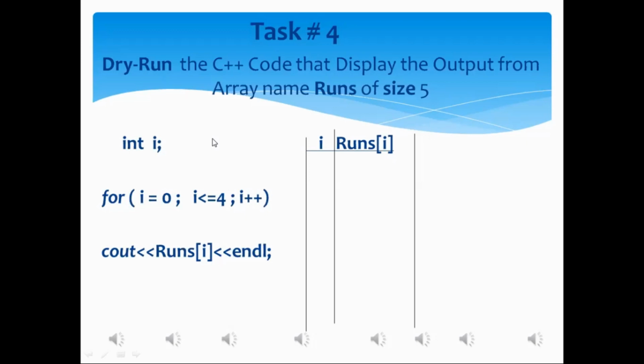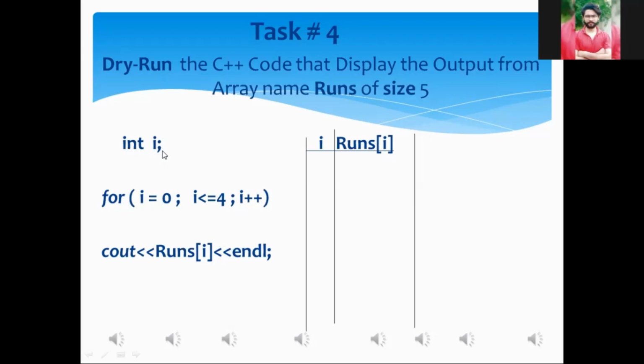When this code is executed, the very first line, int I semicolon, will be executed. It is the declaration statement of the loop variable, and when it is executed, a memory location will be allocated for the loop variable I. Okay, my dear?